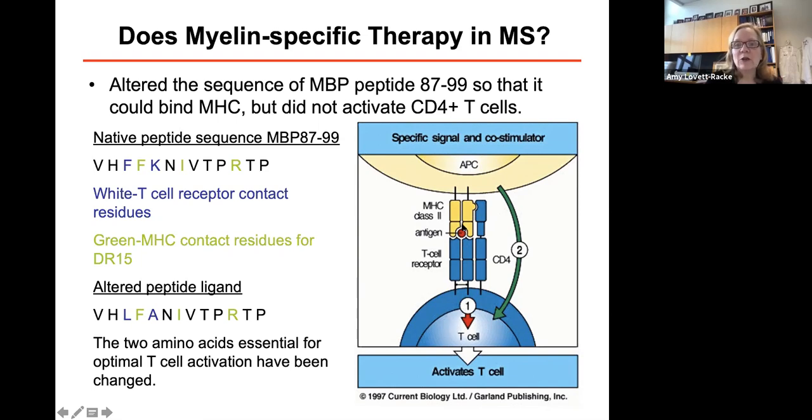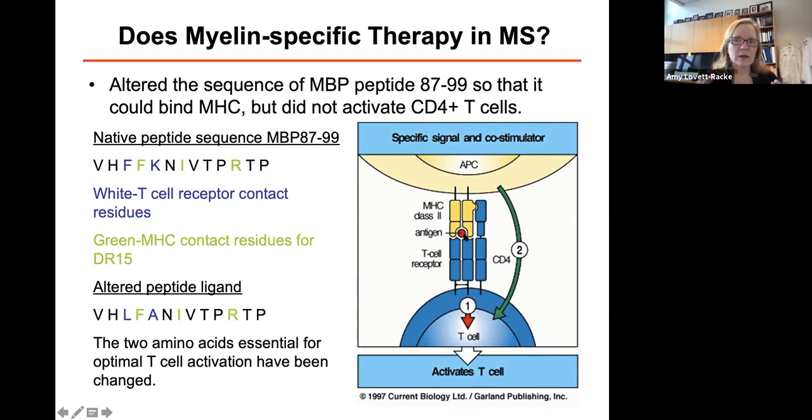Knowing that, you could make modifications to the peptide which would allow it to bind to the MHC, but in a way where the T cell receptor no longer recognized it. So you bind up the MHC molecules, but the T cell couldn't bind.